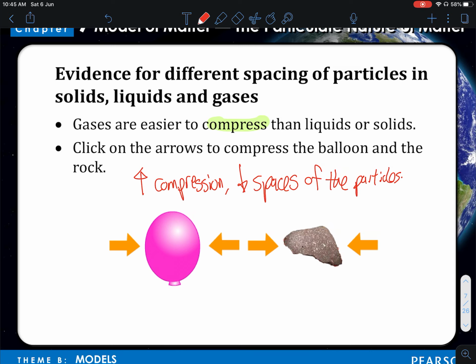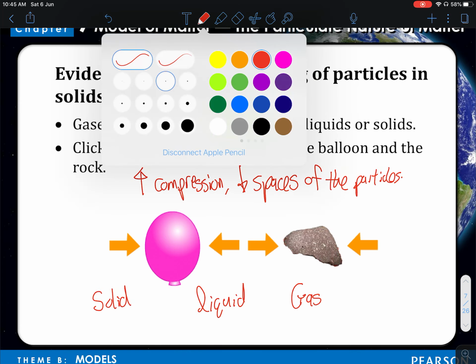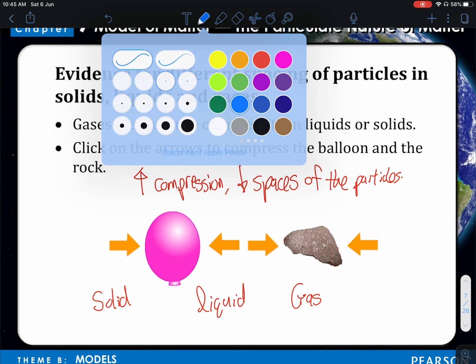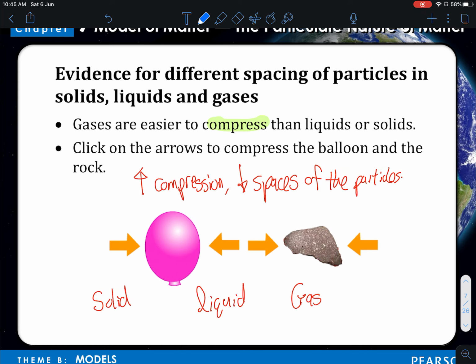So if I were to draw a diagram: solid, liquid, and gas. In terms of compression, from no compression to more compressed, the compression increases from solid to liquid to gas.